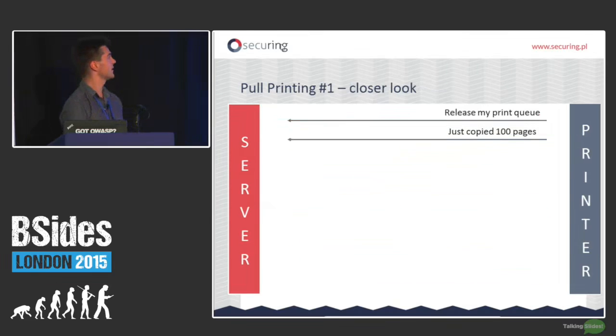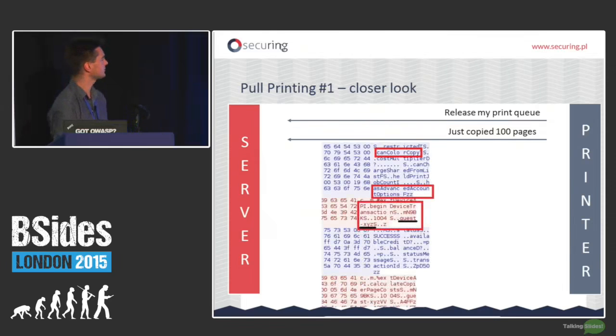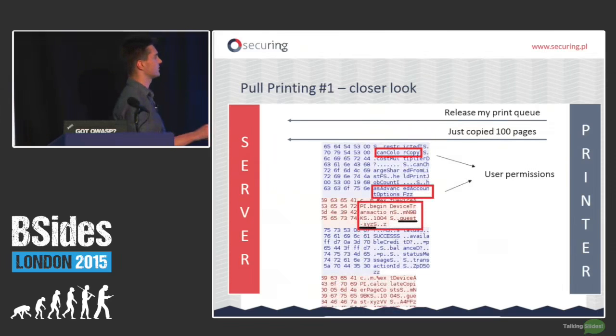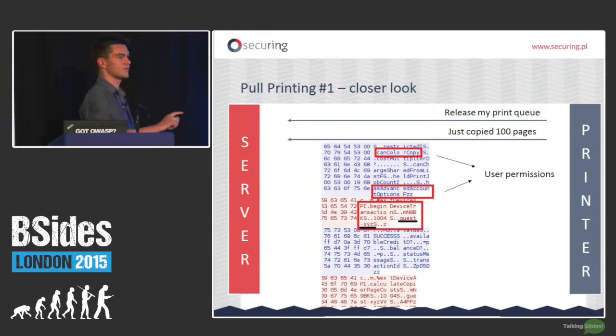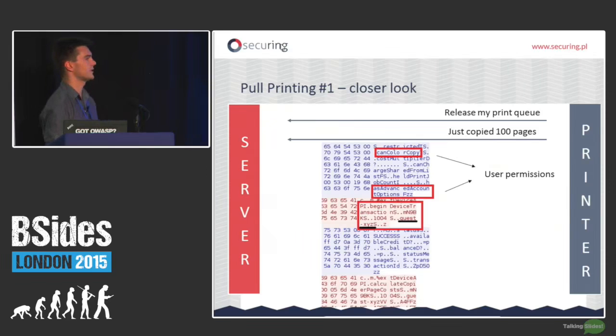Okay, let's see how it works, how it looks on the cable. So the blue communication is from the server. The server sends some permissions about the user to the printer. So for example, that he can print color pages, because some of the users could not. So our first idea was to change the data about the permissions, and it actually worked.